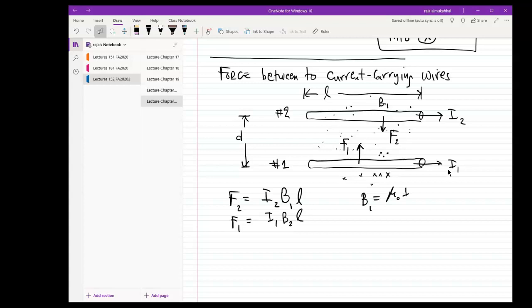Mu naught I1 over 2 pi, of course looking at the distance d, so 2 pi d. Now if I take this one and plug it right in here, F2 is going to be equal to I2 times mu naught I1 over 2 pi d L.